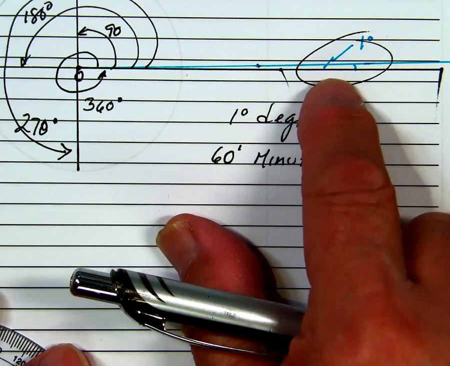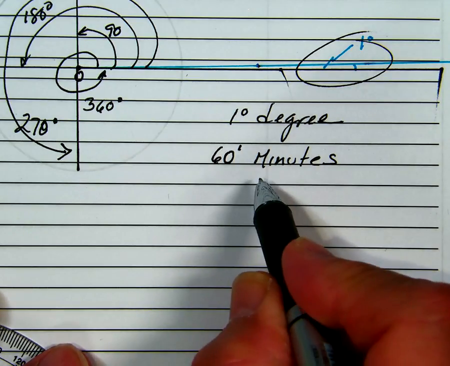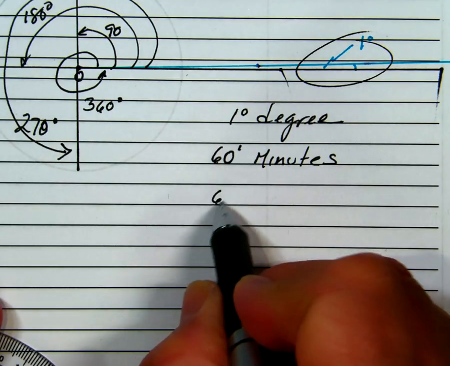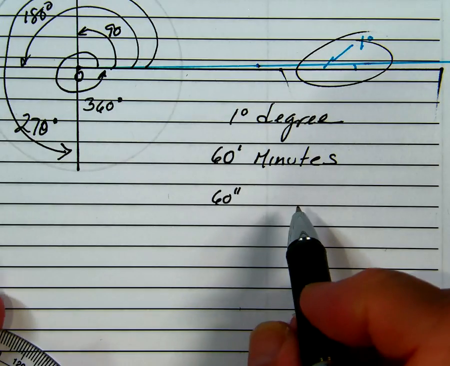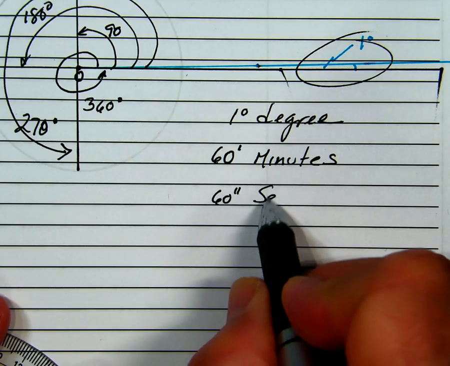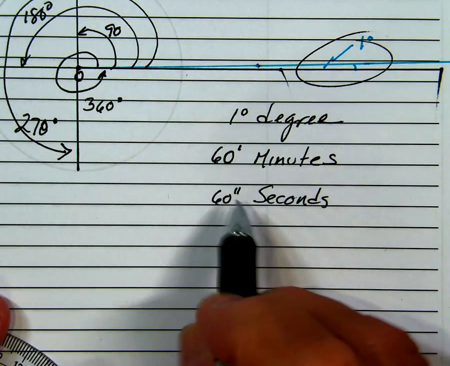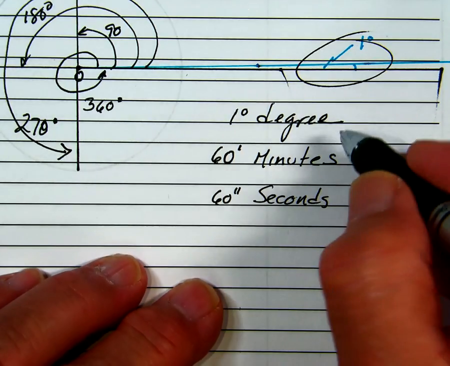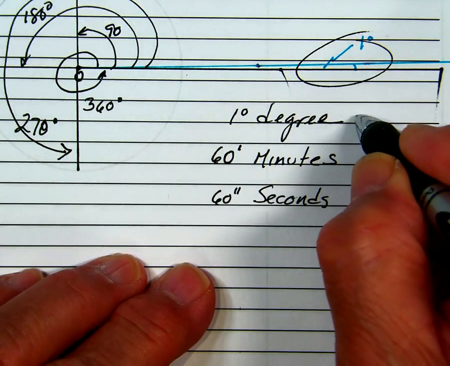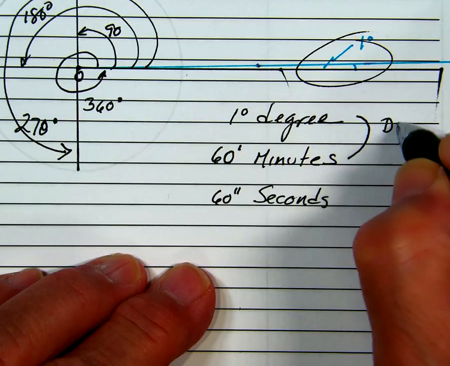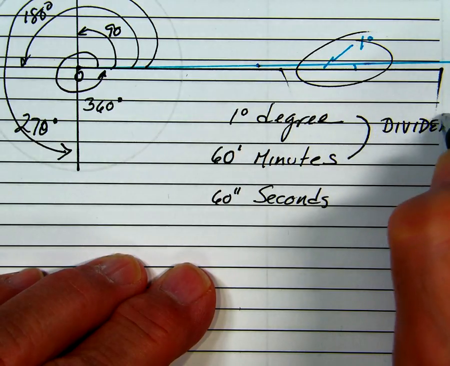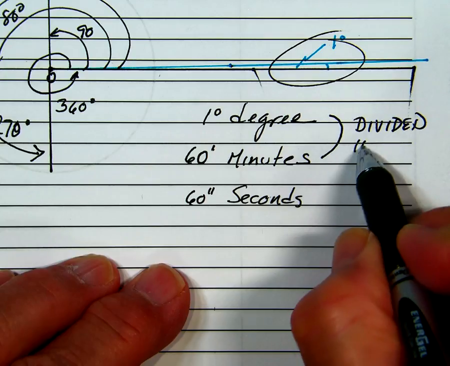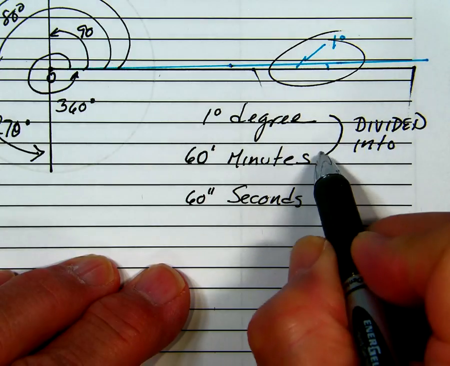But imagine if I take one of those 60 minutes and I divide it into 60 seconds, and that's double quote seconds. So this is a very small angle. Okay, so this is 1 degree divided into 60 minutes.